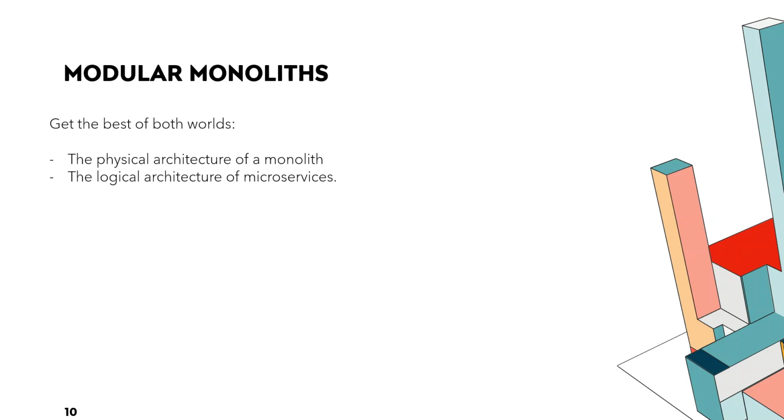Why do we consider doing a modular monolith? By doing it in a modular monolith, you can get the best of both worlds. You have the physical architecture of the monolith, especially if you already have a monolith application, so you are just going to structure it or migrate it into a modular monolith.